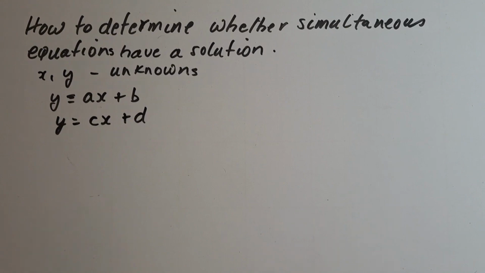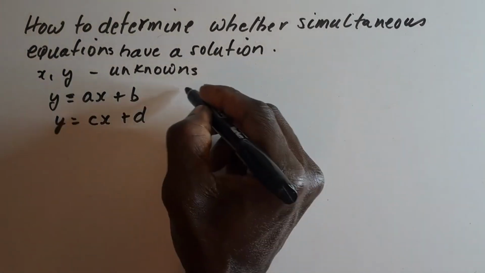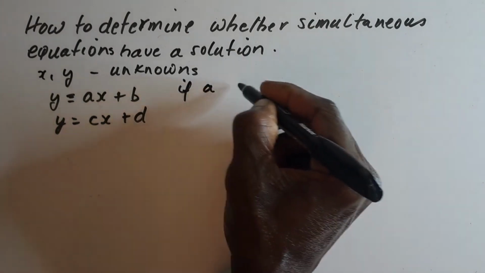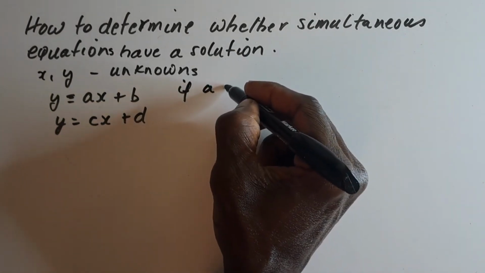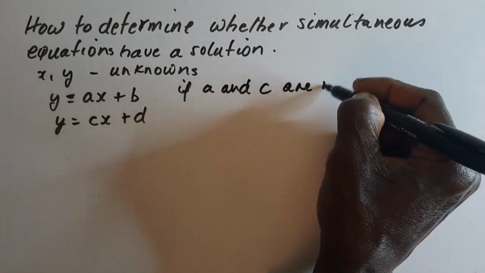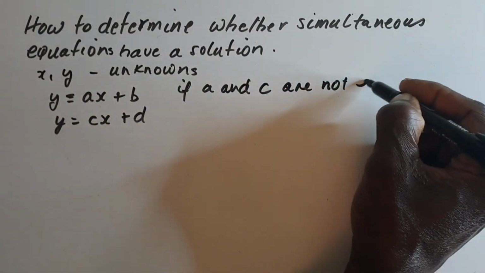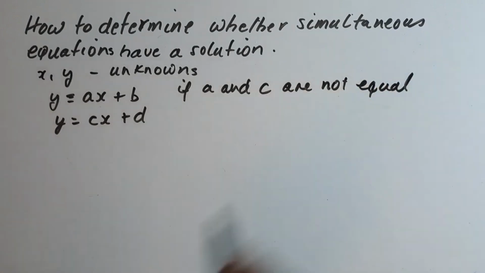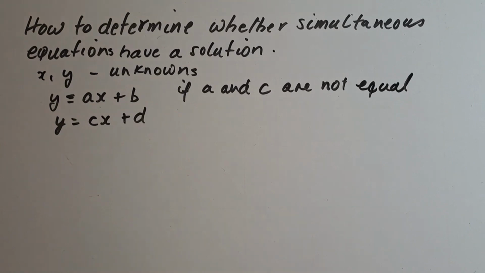Now, a couple of things we need to observe about these simultaneous equations. If a and c are not equal, then the lines representing these equations are not parallel.